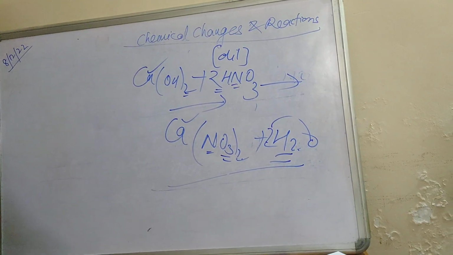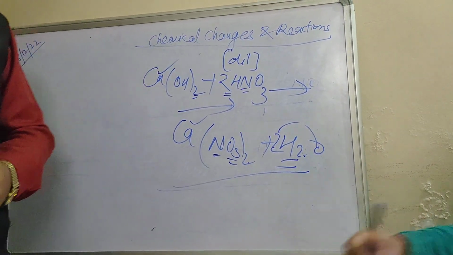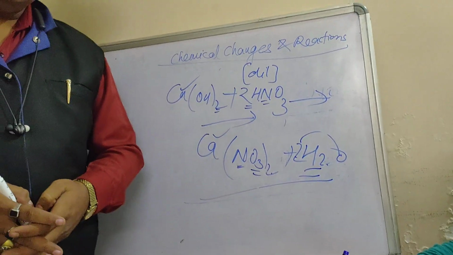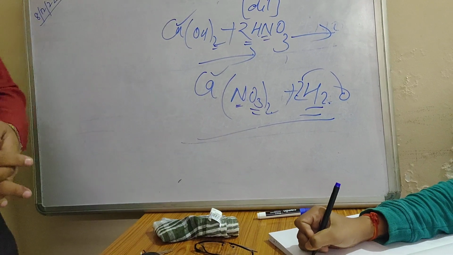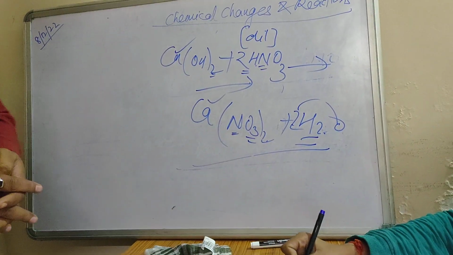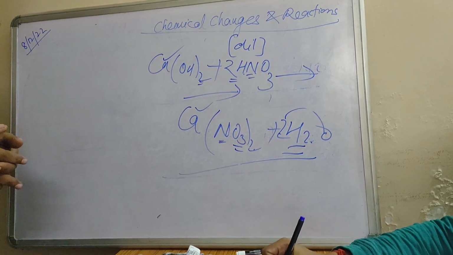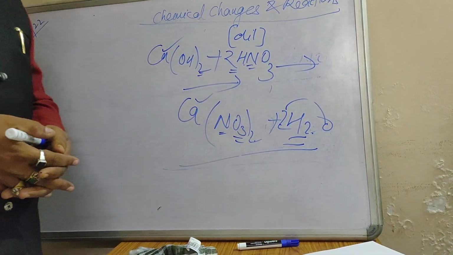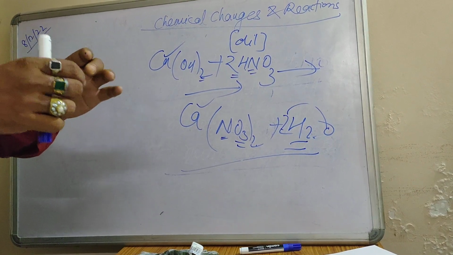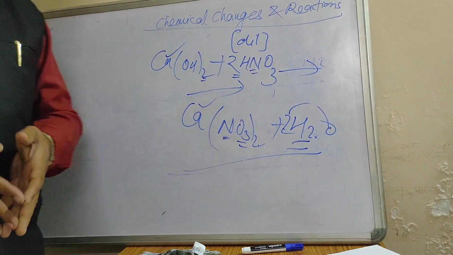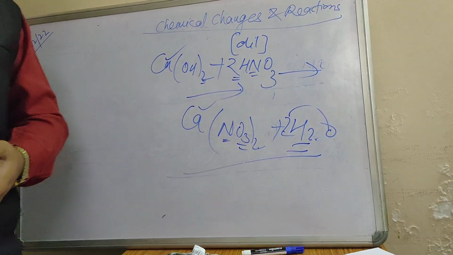When I talk about the characteristics or indications of a chemical reaction, let us talk about that also. Whenever a chemical reaction occurs, if you strike a matchstick from a matchbox, that's a chemical reaction, and what you first observe is the light.